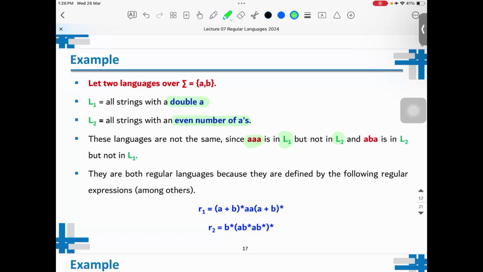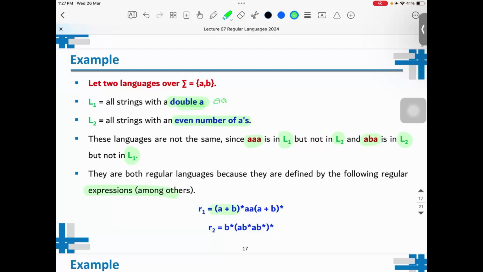Same is the case with ABA: it is in L2 because it has an even number of A's, but it is not in L1 because double A means 2 A's should be together. They are both regular languages because they can be defined by a regular expression.